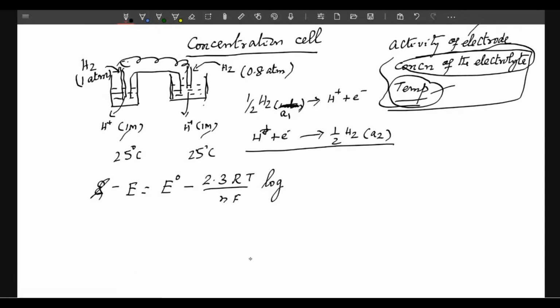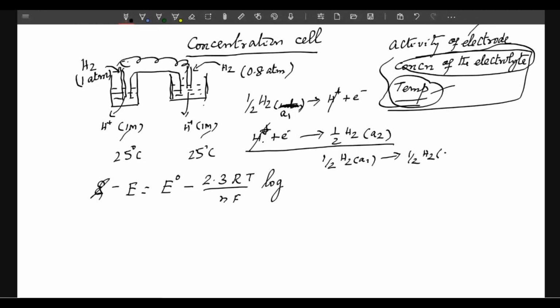If you join together, the activity of hydrogen here and here are the same, and this and this cancel. Therefore, in the net reaction, half H2 at activity A1 and half H2 at activity A2.